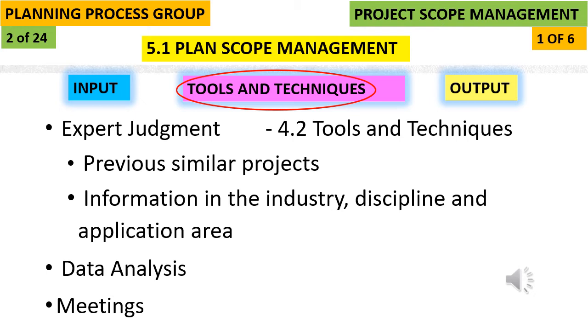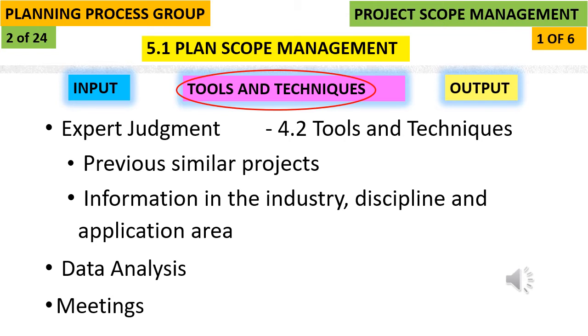The tools and techniques for this process which can be leveraged: the first one is expert judgment, the second one is data analysis, and the third one is meetings. Expert judgment, we have discussed this in all the processes.